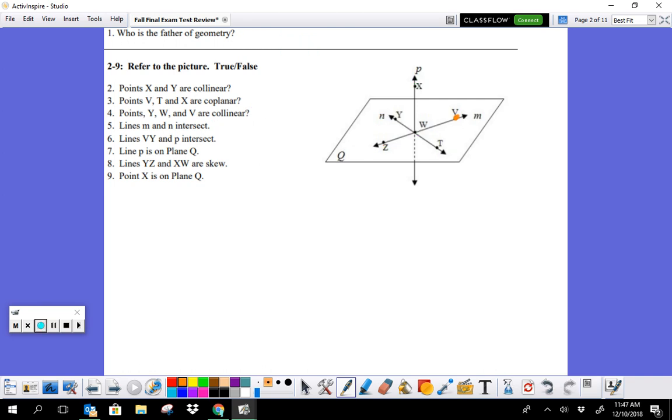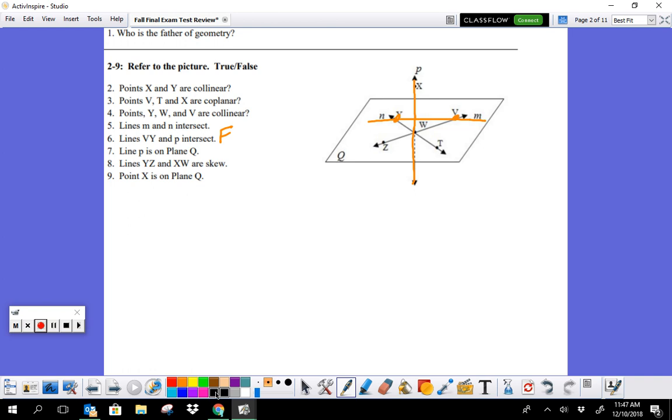Okay, here's V and here's Y. So if I drew a line connecting those, that would be on plane Q. Okay, and then you can see this line P, it's like going through this. So think about like if you had a sheet of paper and you stabbed a pencil going through your piece of paper. That's like line P. Okay, so is that intersecting with line VY? No, it's not. So that one's false.